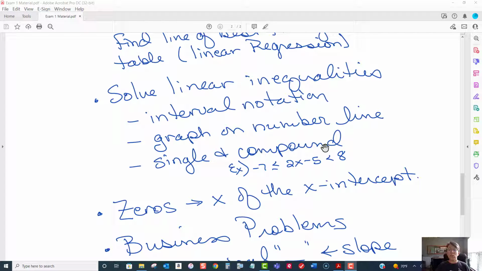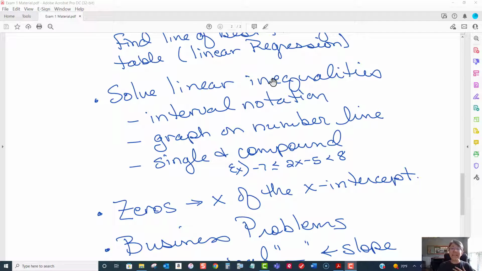You also need to be able to solve compound inequalities. And I'll give you an example here, because sometimes the word doesn't click as to what it is. It's when you have an inequality in between two, or it has to satisfy this and this. Solve both, if it's an or an and, to determine if you're going to have one interval or 2 intervals. Okay, so you got to be able to solve linear inequalities.